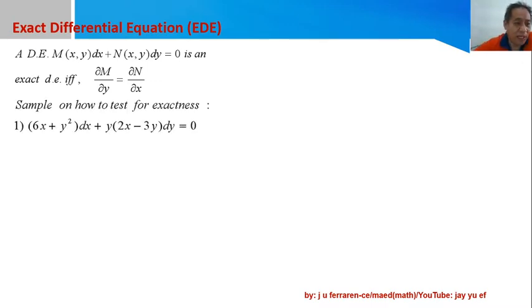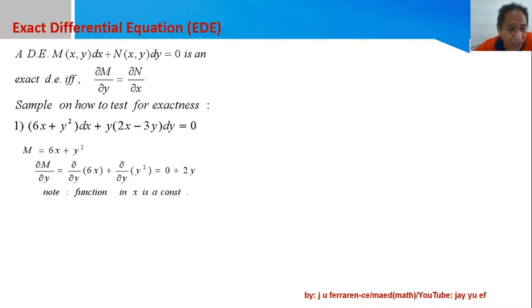So, we have some samples on how to test for the exactness of the DE. Now, we are given a DE written to follow a general form. Now, we have M, and what is our M? The coefficient of the dx. So, in this case, we have 6x plus y squared. Now, I'm going to differentiate the coefficient M of the dx with respect to y.